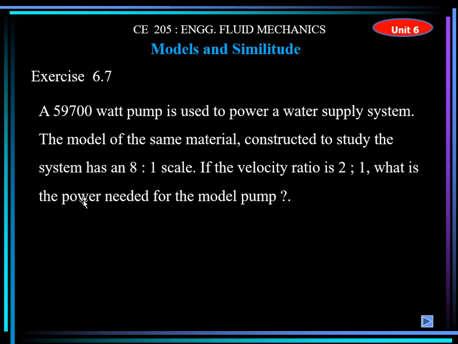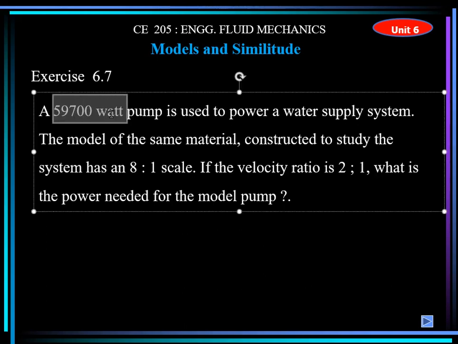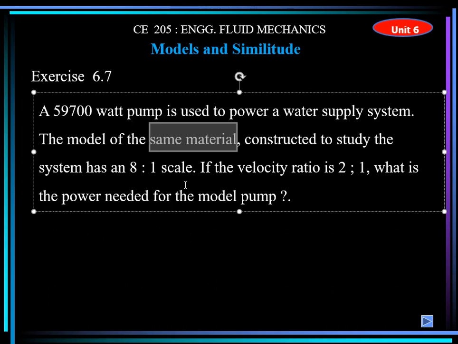The question says a 59,700 watts pump. So the power of the prototype pump is given to us. This is the actual pump, used to power a water supply system. The model is of the same material, so same material means rho R is 1.